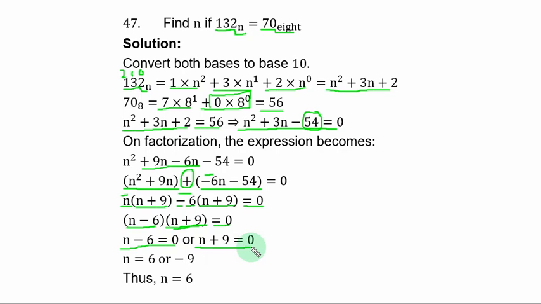If you solve the linear equation, you have n equal to 6 or minus 9. When you transfer minus 6 and plus 9 to the right hand side, you have n equal to 6 or minus 9. n cannot be negative, so n is equal to 6.